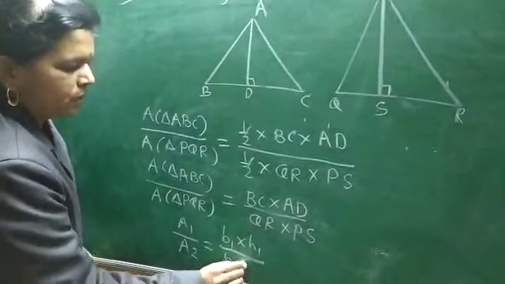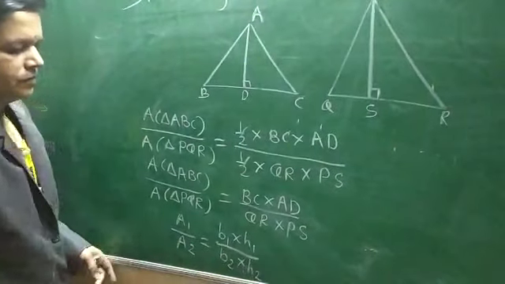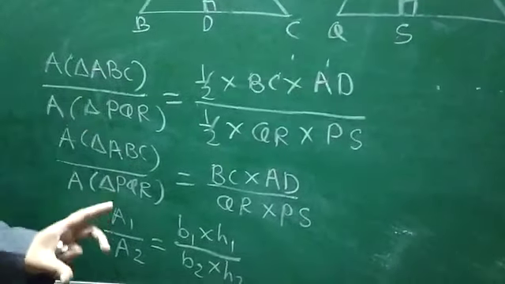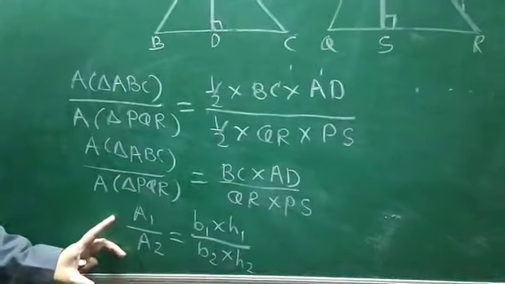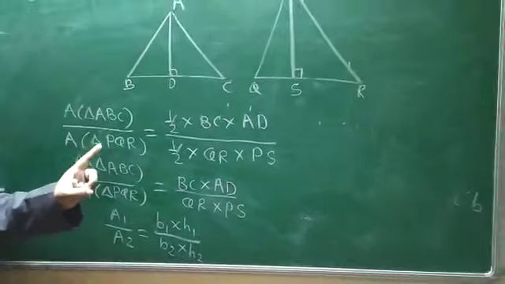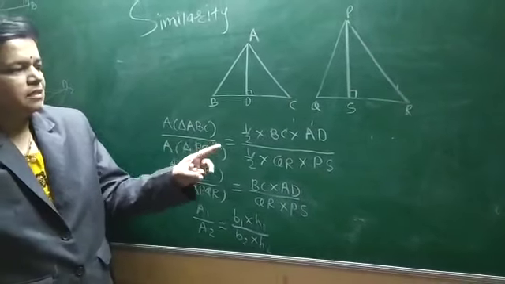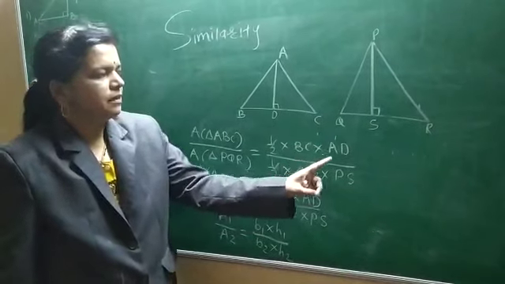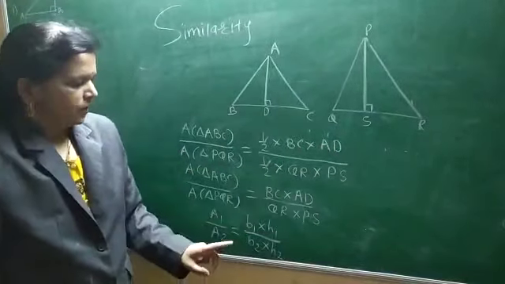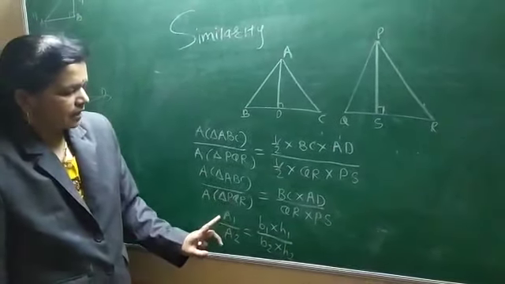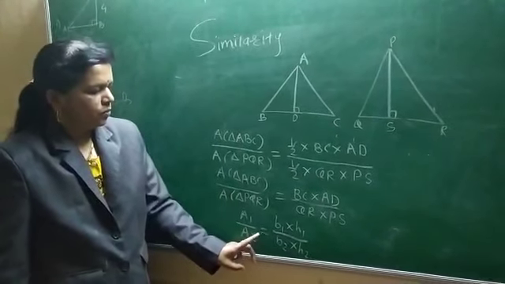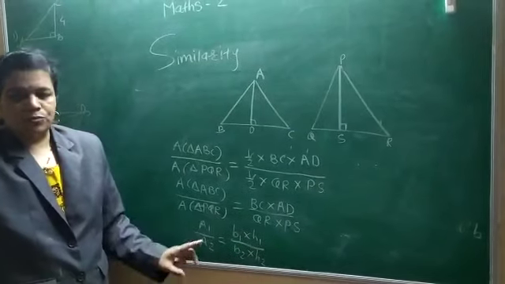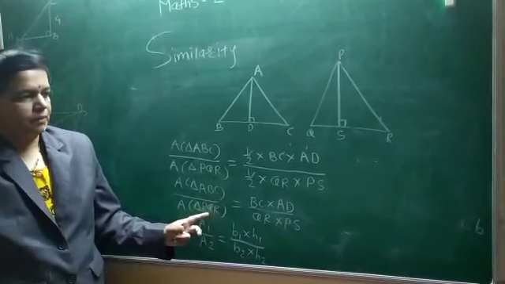Similarly, A1 upon A2 is equal to B1 into H1 upon B2 into H2. This is our first property.